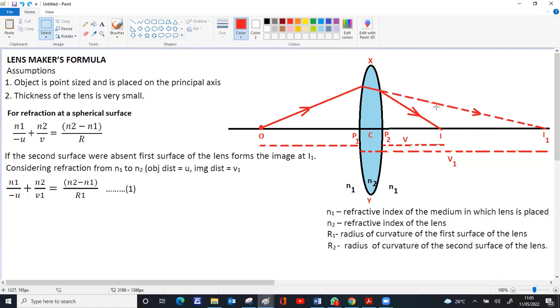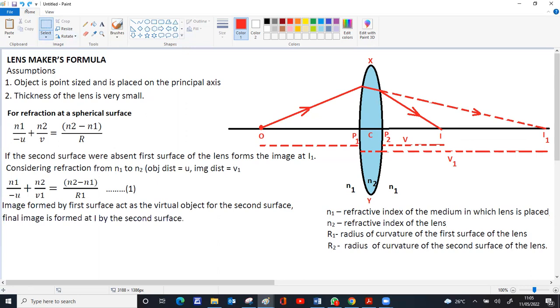The image light ray from the first surface will act as the object light ray for the second surface, and the final image is formed at I. So for the second surface, the object distance will be the image distance of the first surface, and the image distance will be from P2 to I, which is V. So considering refraction from N2 to N1, the image formed by the first surface acts as a virtual object for the second surface, and the final image is formed at I by the second surface.